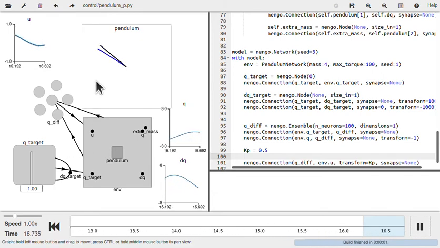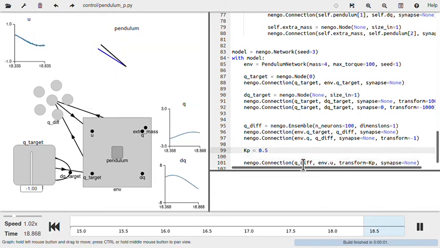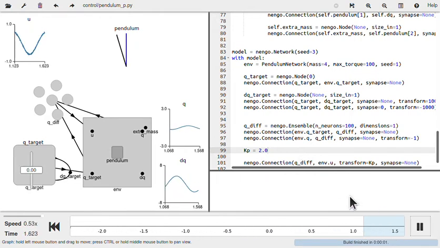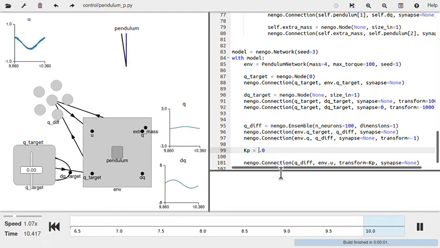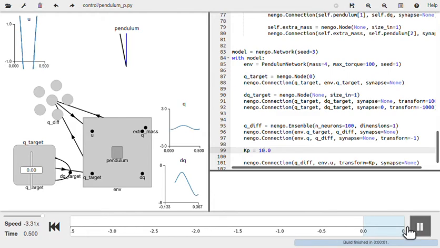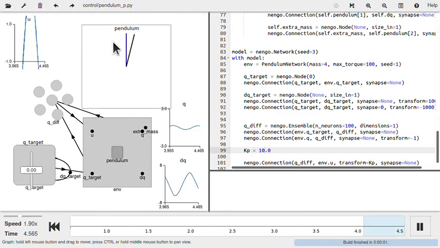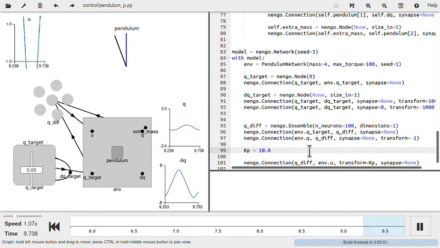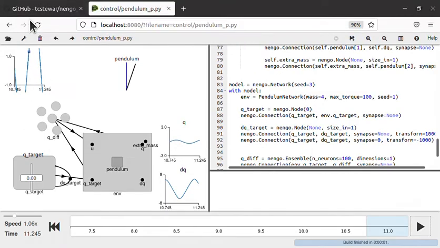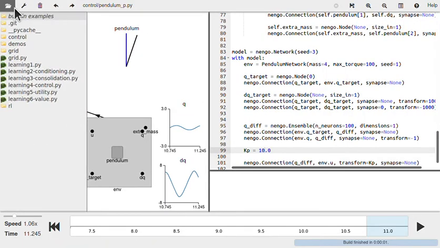If I increase it, all that's going to do is make it wobble even more, just wobble faster. We got to 10. Now it's just, no. A proportional controller on its own has issues in those sorts of situations.